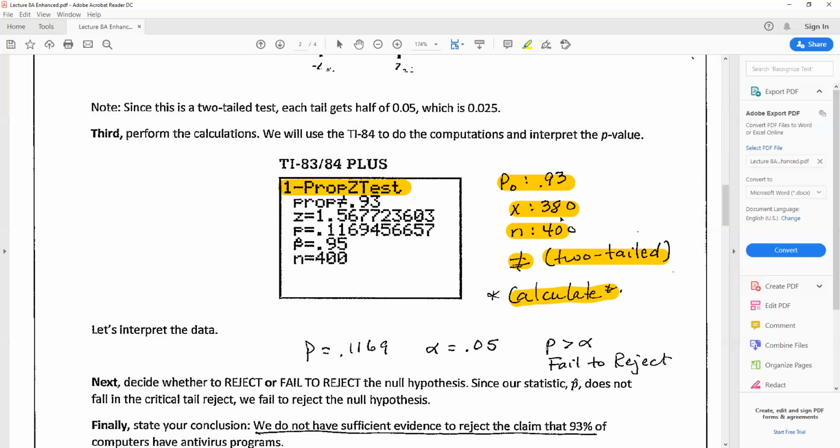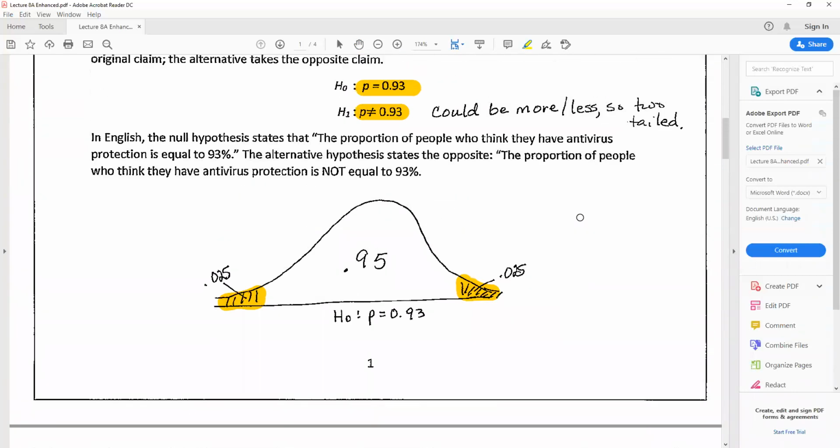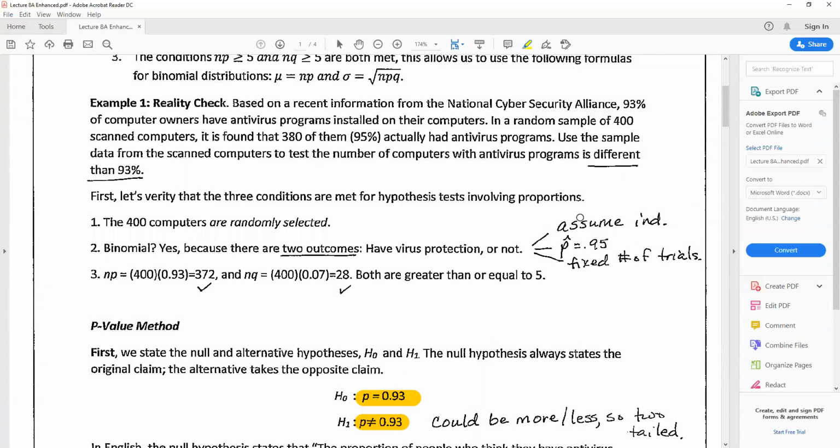Now the 380 and the 400 came from the problem itself, because we sampled 400 scanned computers, and we found that 380 of them actually had antivirus programs.